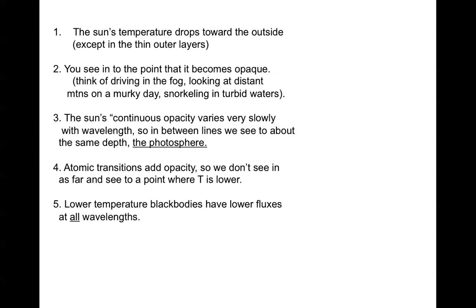These atomic transitions add opacity. We don't see in as far, and therefore we see to a place above the photosphere where the temperature is lower. Remember that lower temperature black bodies have lower fluxes at all wavelengths, including this particular wavelength. So there's less flux at that wavelength, and as a result, we actually see a dip in the spectrum where the intensity is lower.